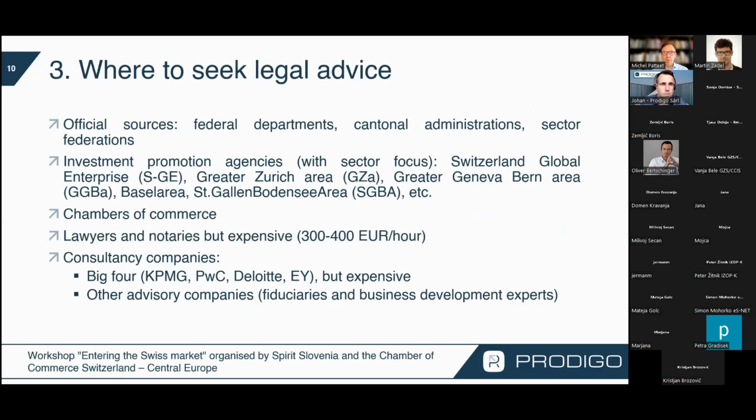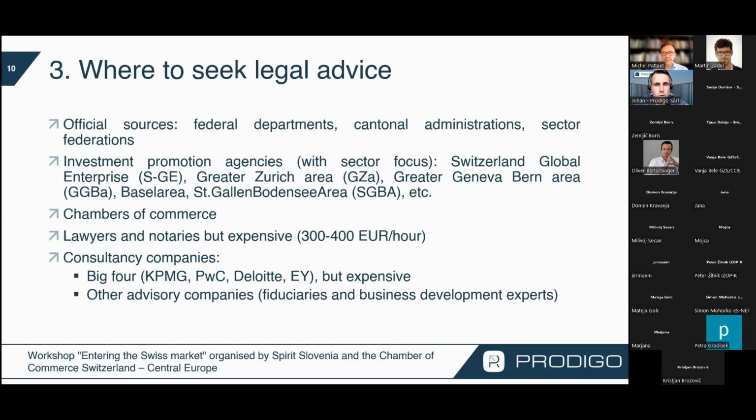So it is useful to consult these sources, but often the difficulty is to identify the relevant information and to be able to interpret it. Another source of information mentioned by Oliver before are sector federations. It is a good source of information, but for most of them, you need to become a member to access the full content they are providing.